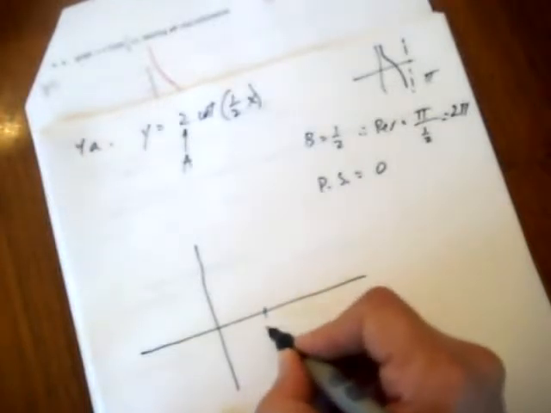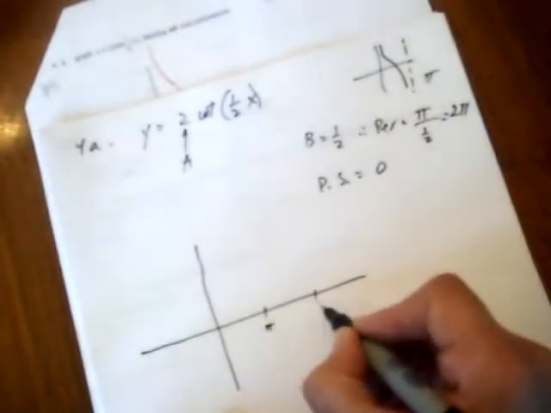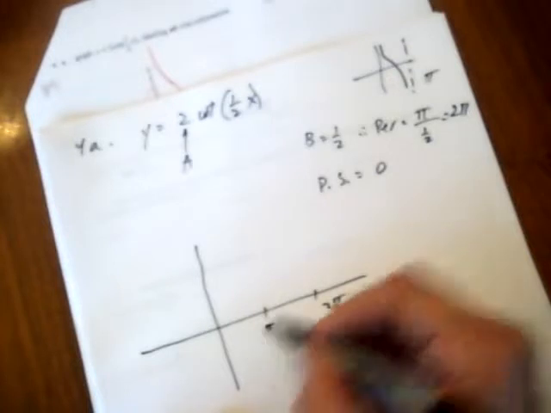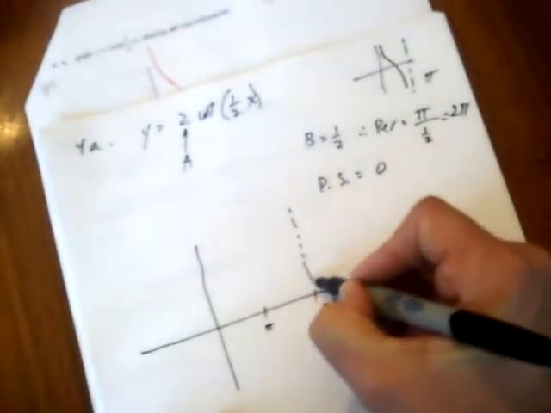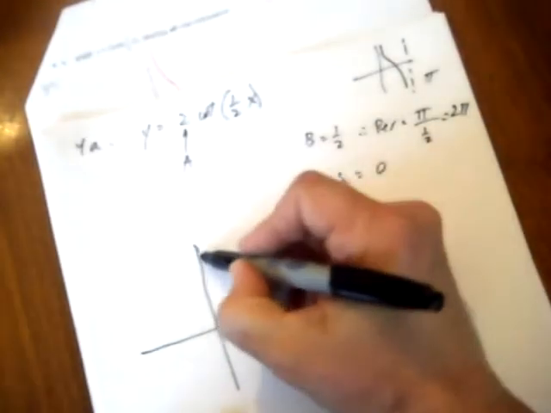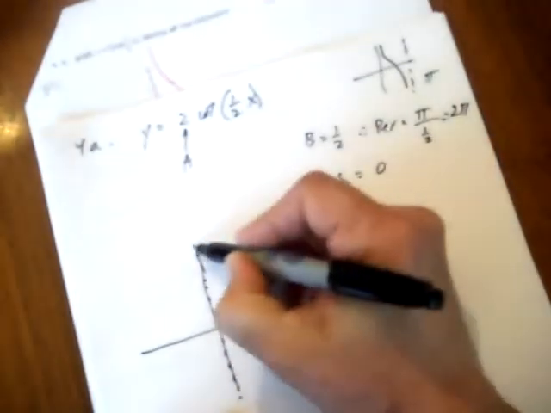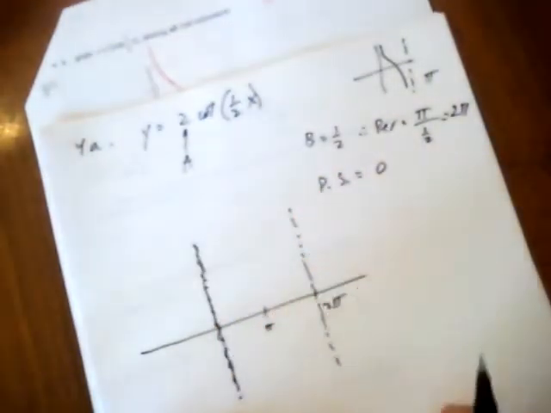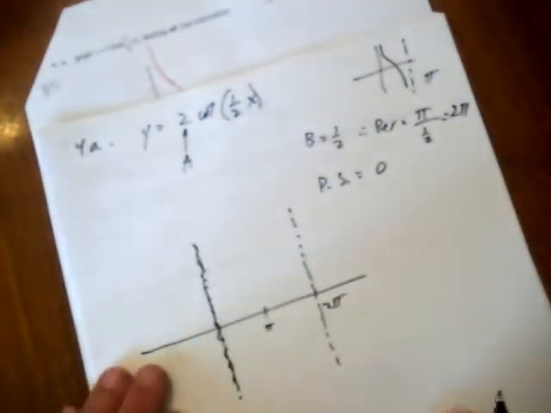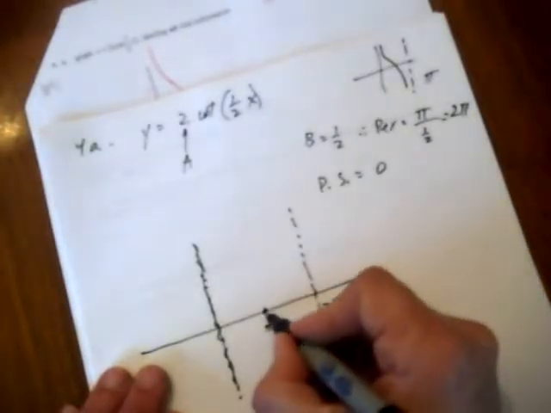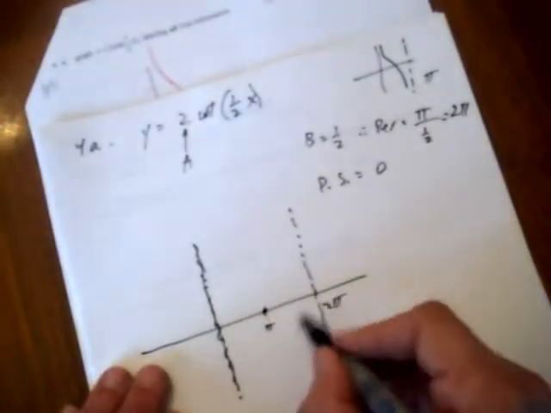So if this is my pi, this is my 2 pi, my new asymptote will go through 2 pi and the origin, the y-axis. Okay, I recognize that it's going to go through the middle, because that's the midpoint of the period.